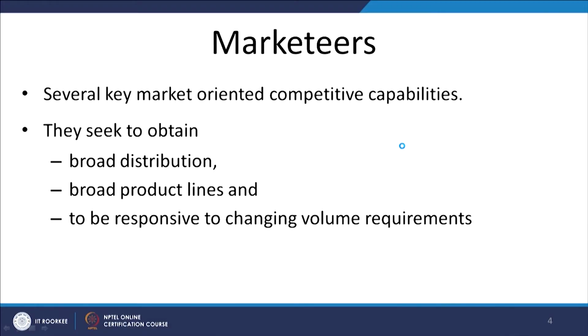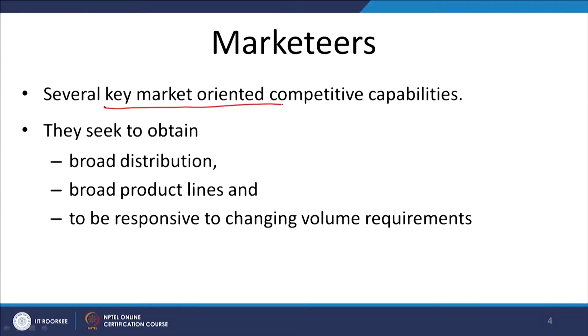The second type of generic strategy, which is much more popular than the caretaker, is the marketeers. Marketeers are organizations which try to develop competitive abilities and competencies that are market oriented.